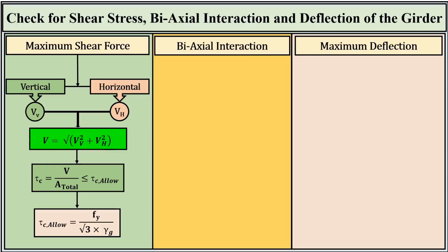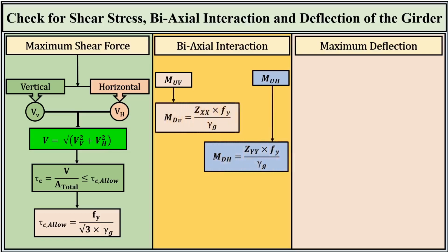Biaxial interaction. The middle column focuses on biaxial interaction. Here, MUV and MUH represent the calculated or applied factored bending moments in the vertical and horizontal directions. On the other hand, MDV and MDH are the design or permissible bending moments.